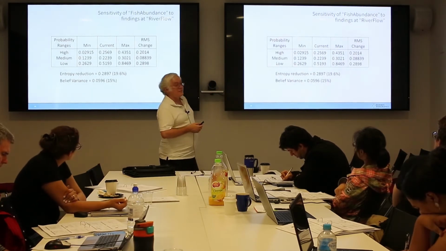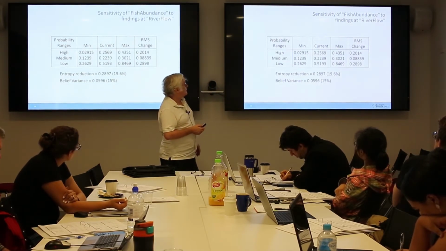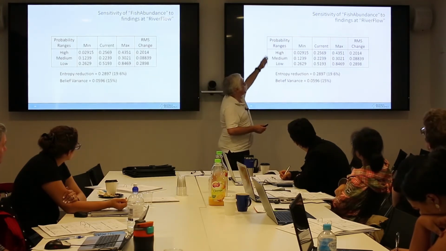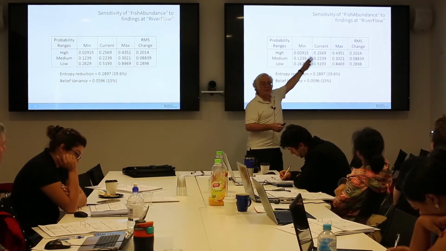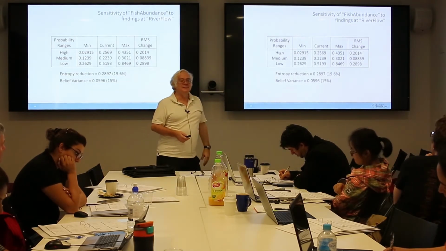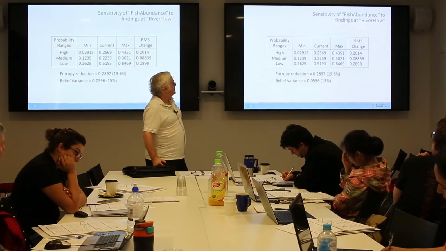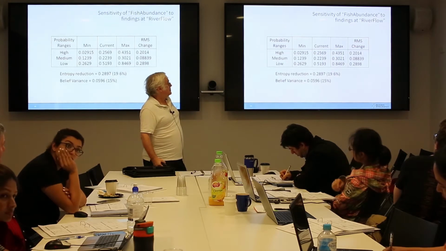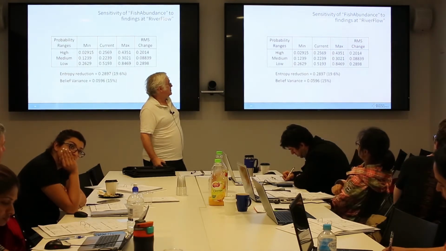And I have no idea how to read this table. I mean, this is either fish abundance or river flow, and that's either fish abundance or river flow, but I don't know which one is which. So it's the fish abundance, the stats of fish abundance, and we vary the findings across river flow and we get the range of probabilities. Okay.